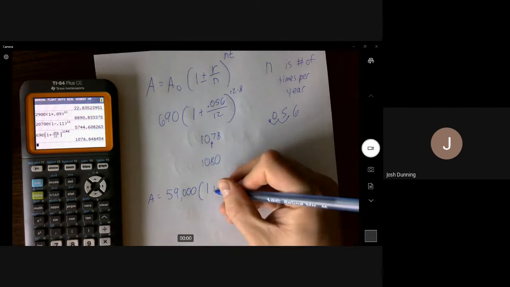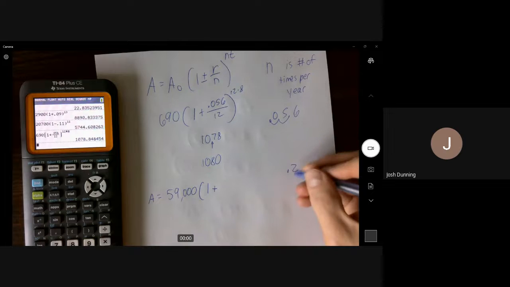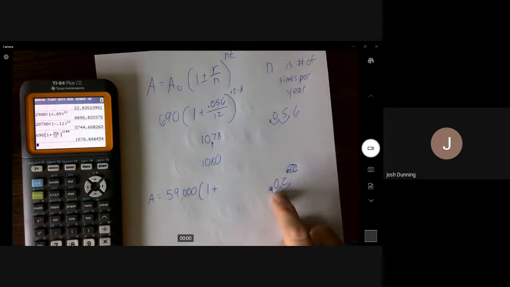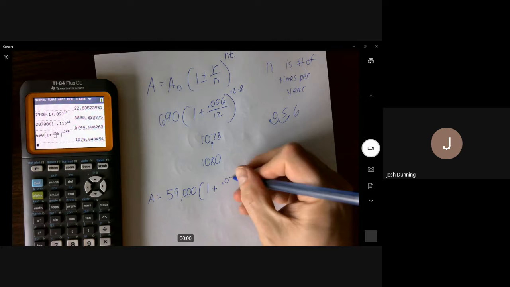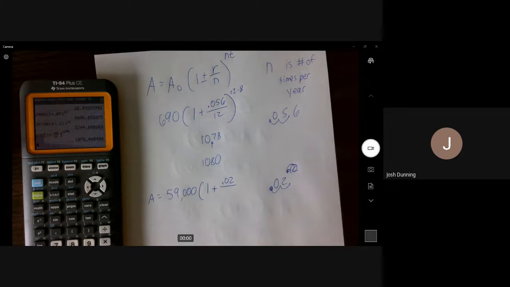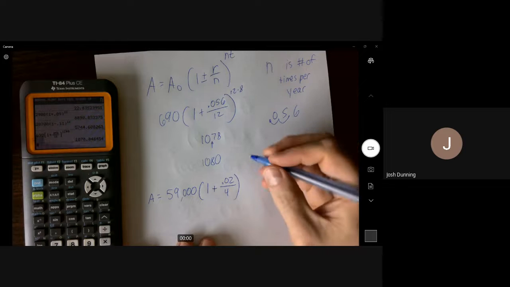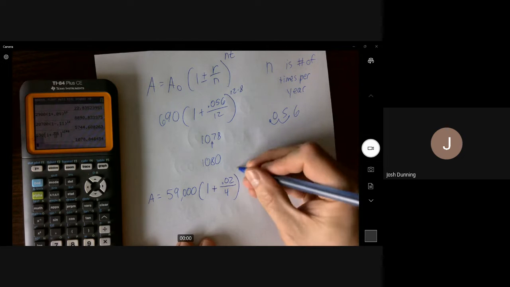1 plus 2%. Fill that in with a 0, so 0.02. Now, quarterly: something done quarterly is done 4 times in a year, since there are 4 quarters in a whole. 20 years, so 4 times 20.